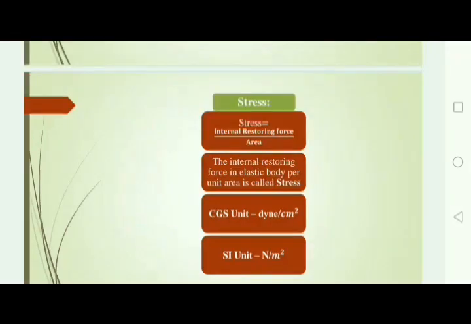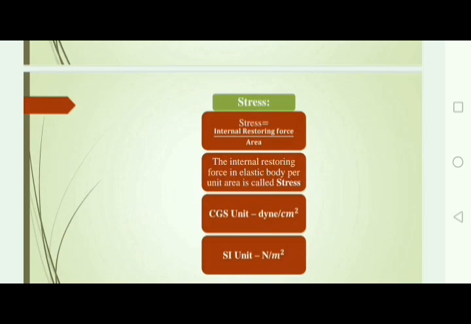So we know the body remains in equilibrium in the deformed state also. Therefore the internal restoring force is equal to the applied force, and thus we can modify the formula also: stress is equal to the applied force per unit area.